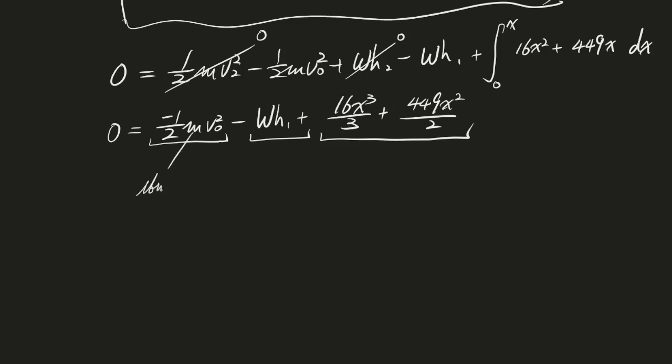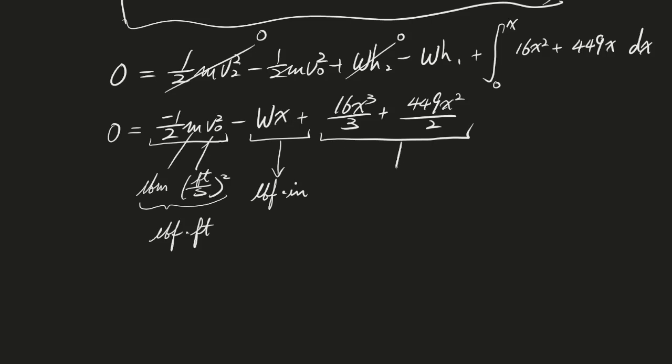M is in pound mass. V squared is feet per second squared. Together, this will give me pound force times foot. Now this term, I have weight as pound force times h in inches, which technically this is x. I didn't plug that in correctly.